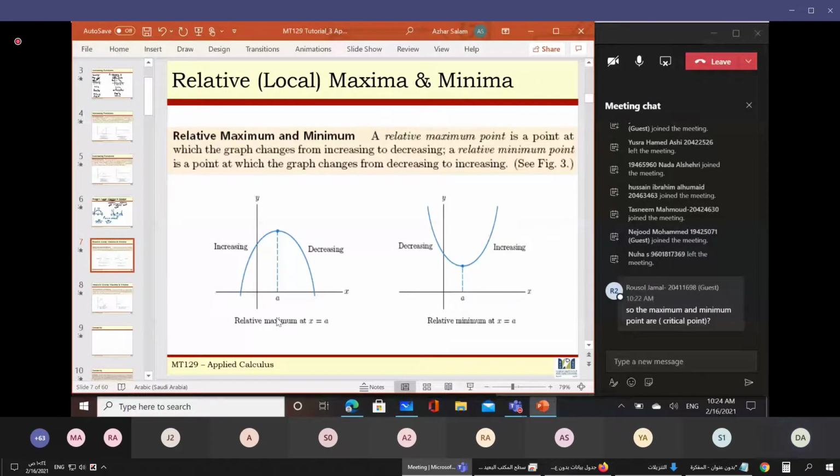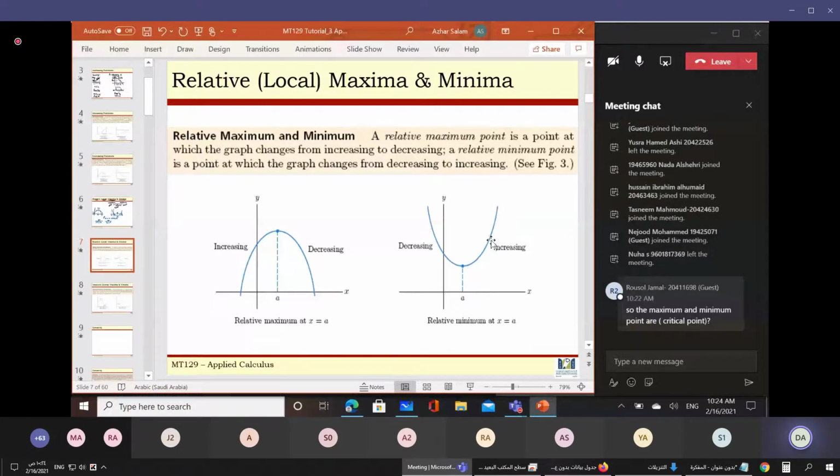First here, this is the definition, relative maximum or local maximum and minimum. We said that it changes from increasing to decreasing, like this. So A here is a maximum, and here it changes from decreasing to increasing.